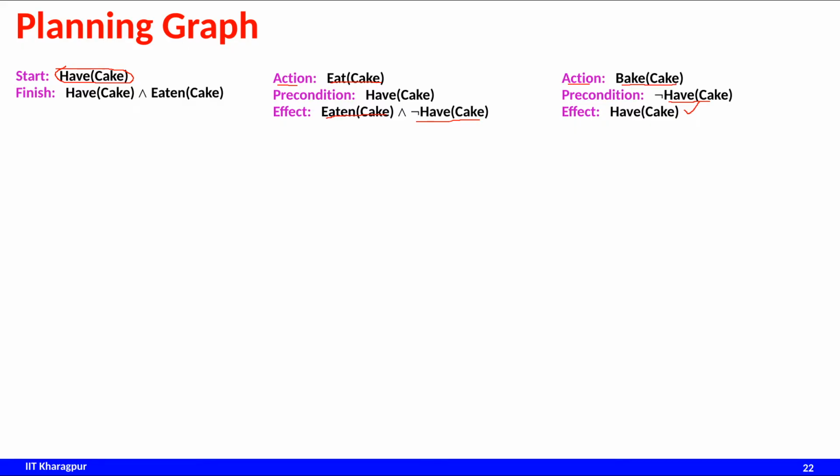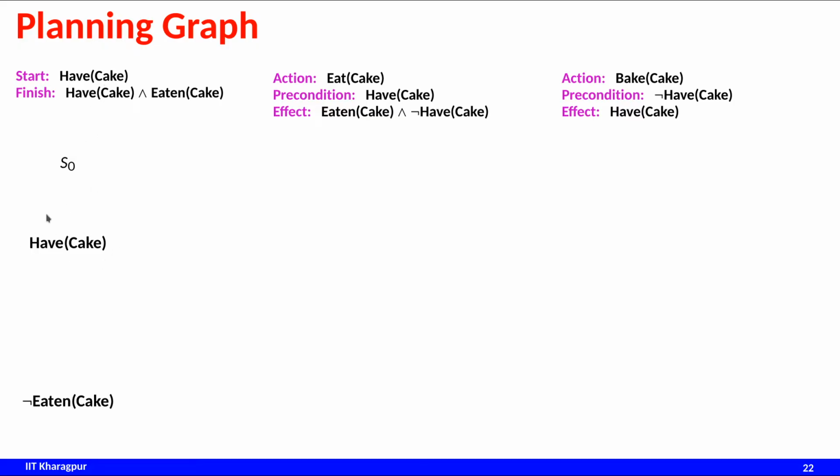So let us start. When I am in a state, I'll represent it with S, and when I'm applying an action, I will represent it with the notation A. So S0 is the initial level where we represent only the literals, or the propositions, that I have.